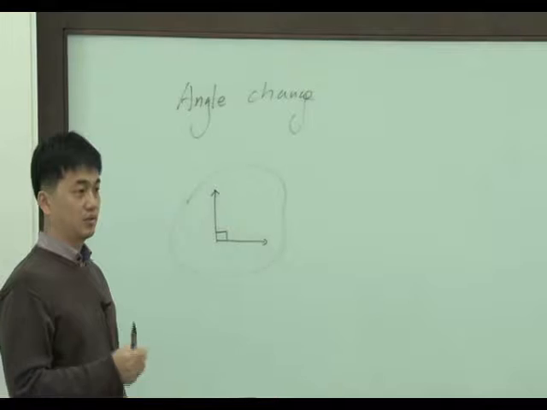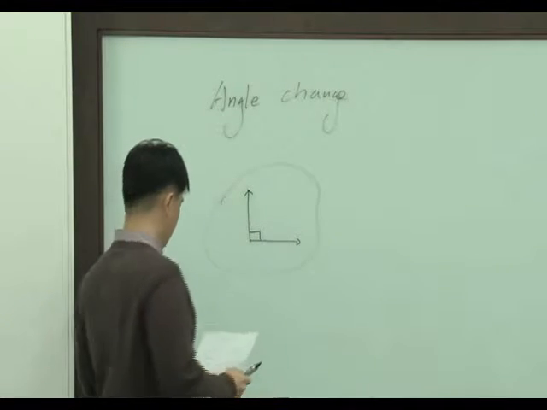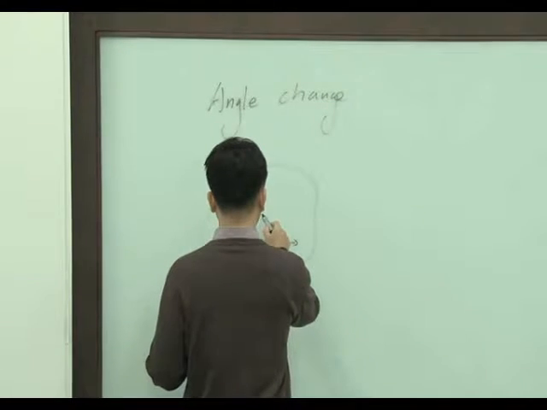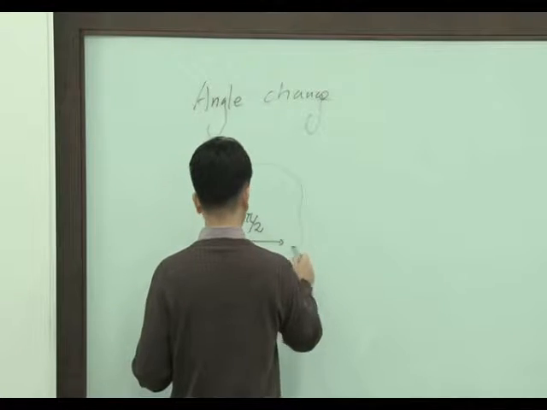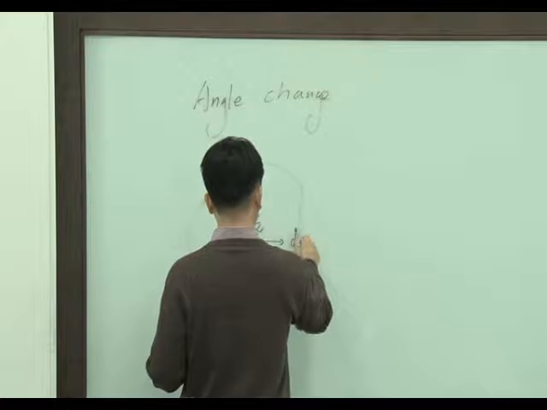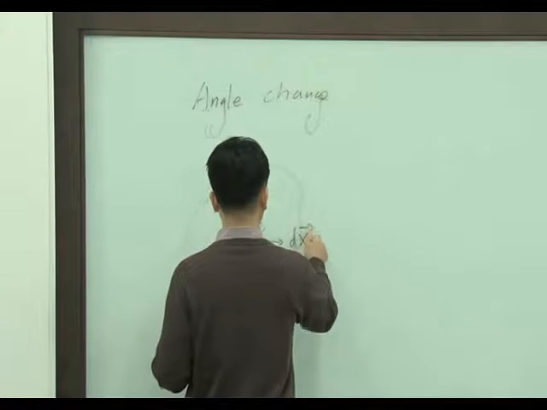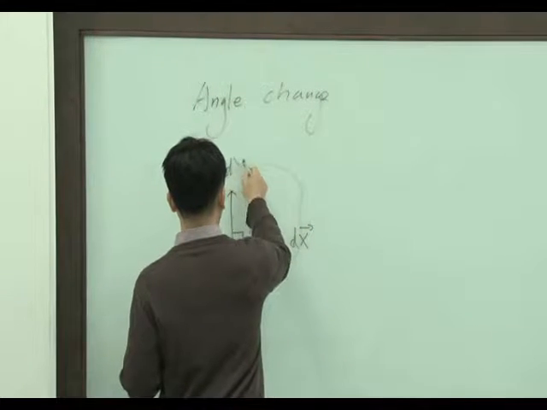Two vectors normal to each other, so pi over 2, 90 degrees. The first vector is dx, the second vector dy.